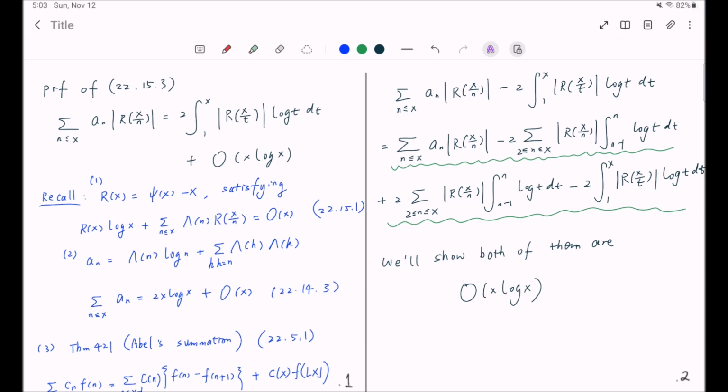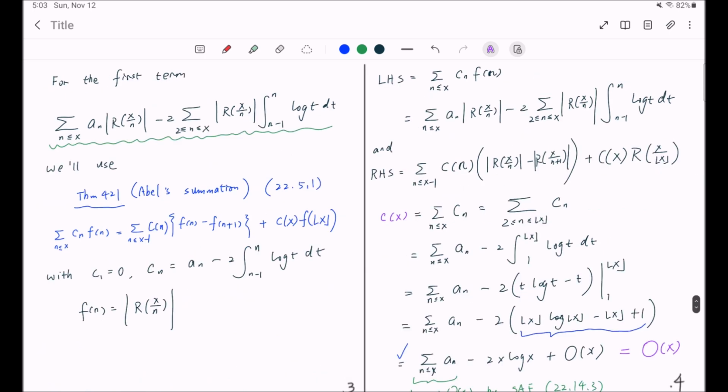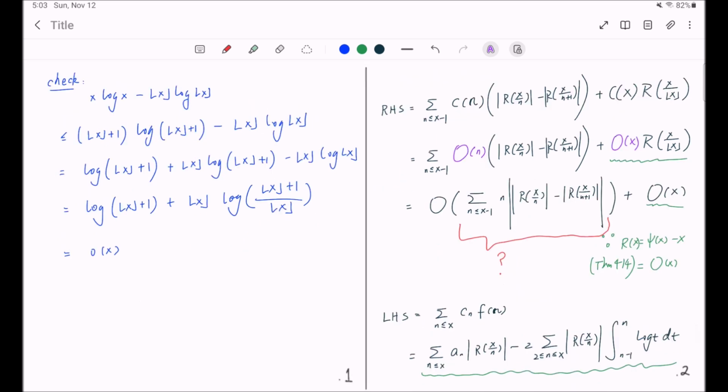To summarize, we have proved that the first part, which is equal to the left-hand side of our summation under these assumptions, is equal to the right-hand side of our summation, which we just simplified as this complicated term plus big O of x.